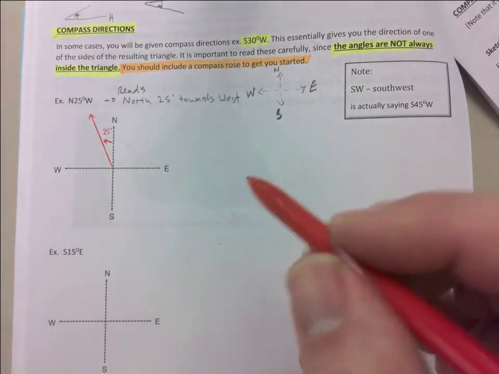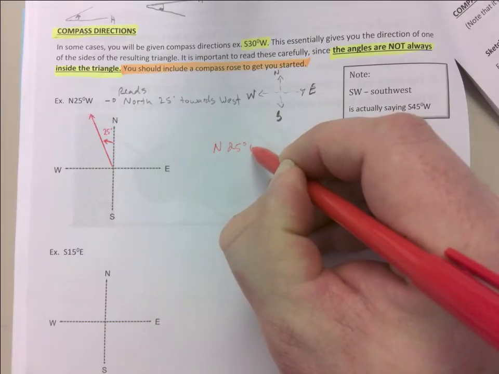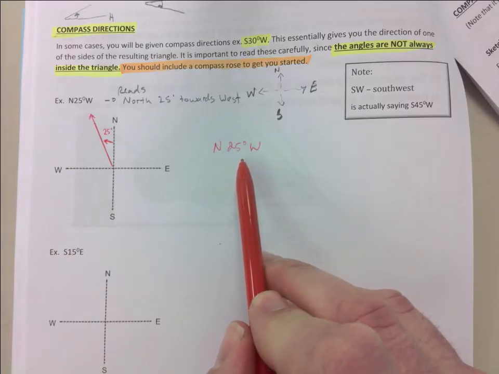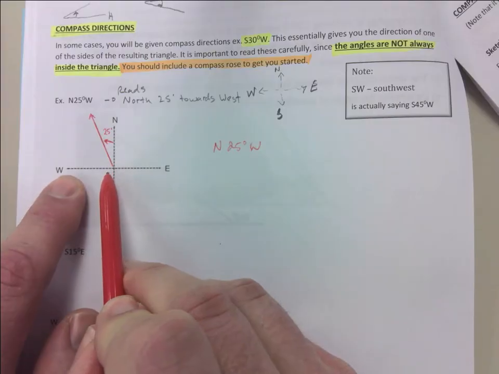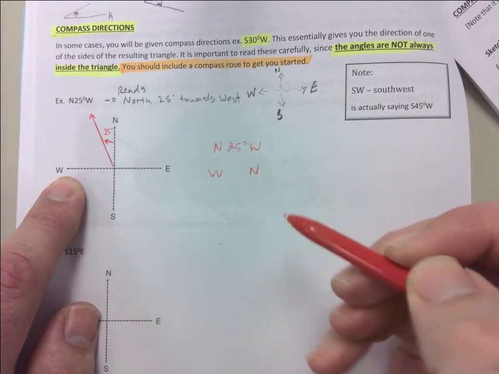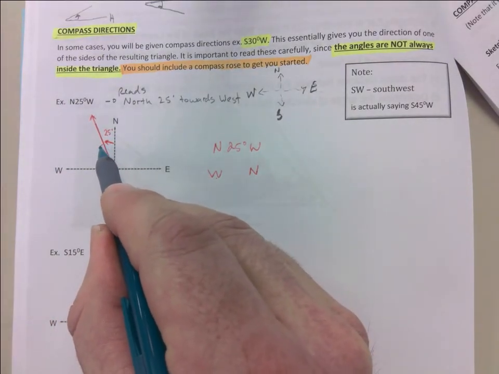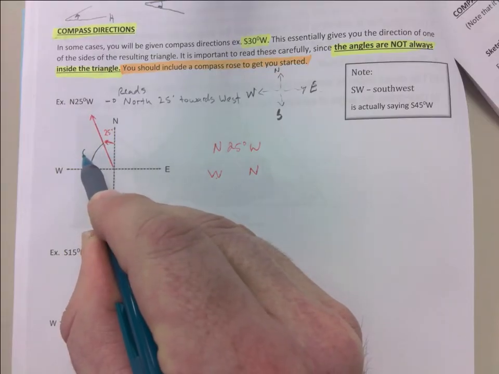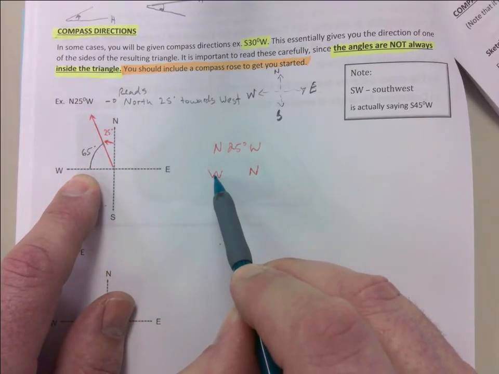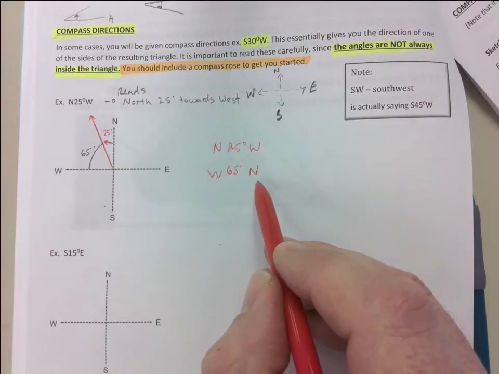Another cool side note here is if you go north 25 degrees west, you can refer to the exact same direction starting from the west. Watch this. If you go west and north, what would this be over here? If this is 25, then this is 65, correct? So we could say west 65 degrees towards the north.